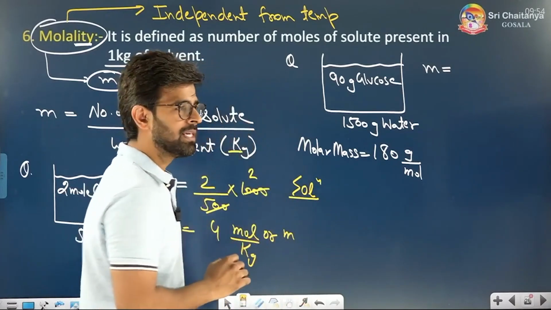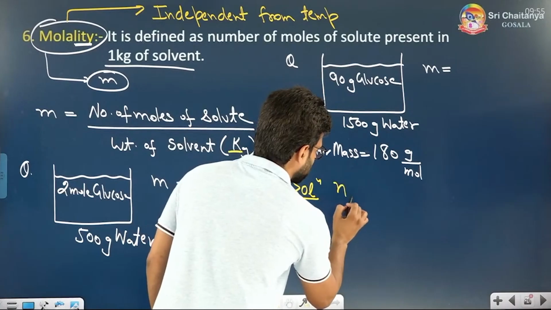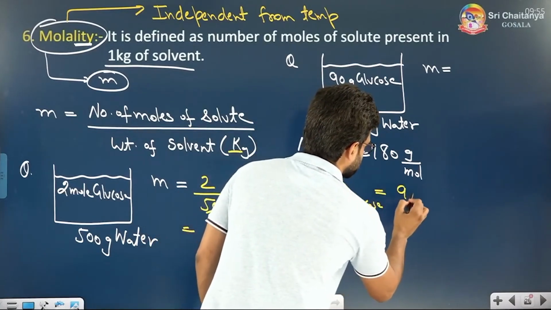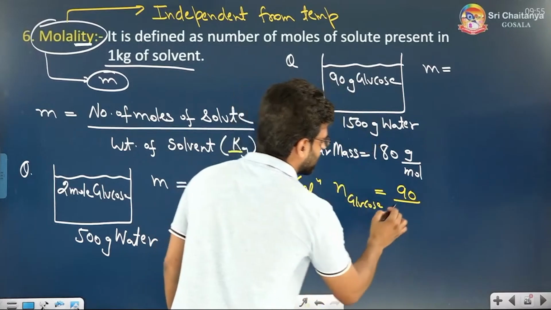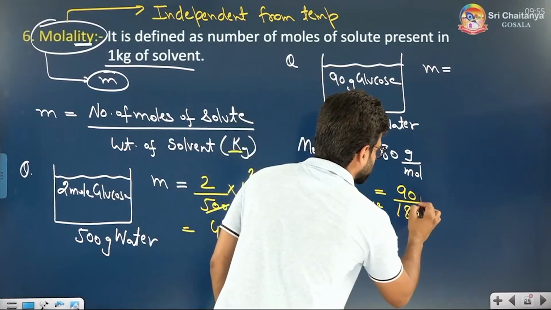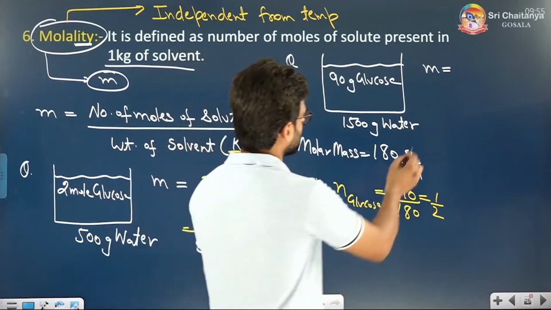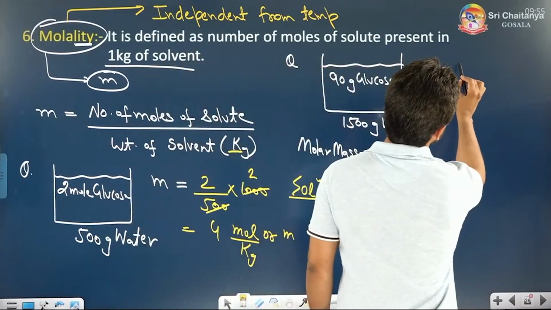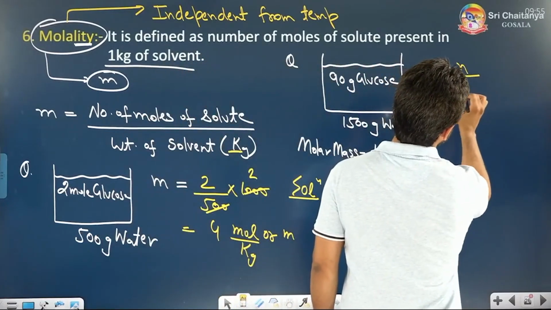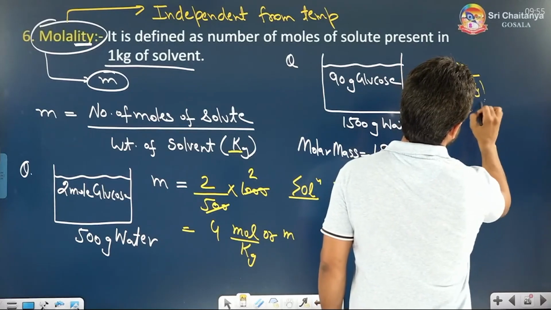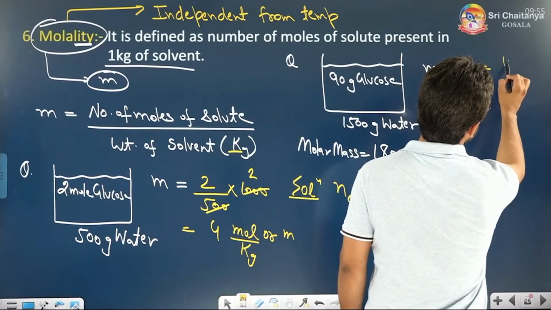If you look carefully, how many moles of glucose are we having actually here? 90 is the given weight divided by molar weight. How many moles, beta? Half mole. We have half mole of glucose. Now, I want to find the molality. What is that? Moles of solute divided by weight of solvent in kg. Right? How many moles are we having? Half mole. 1 by 2 mole.